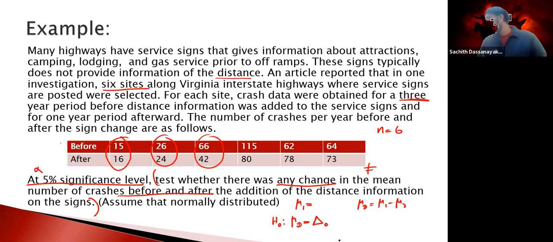Any change? Do we have a value for that? No, just any change. So this is going to be 0. If there is a change, yes, it will be there. But your HA, I think it's in the next slide, is mu d not equal 0.